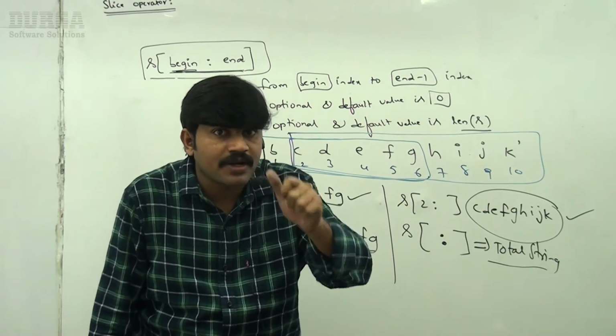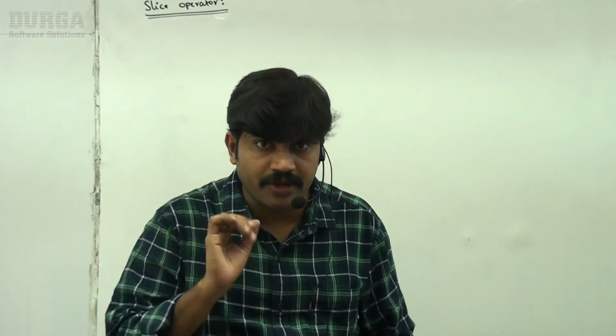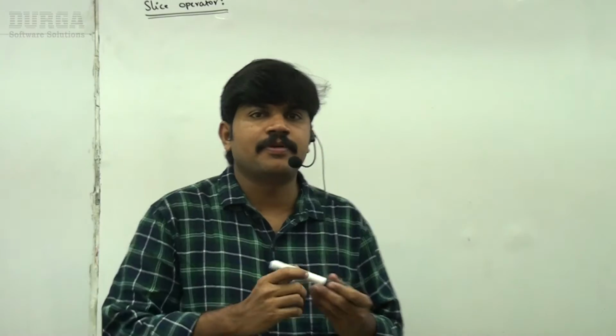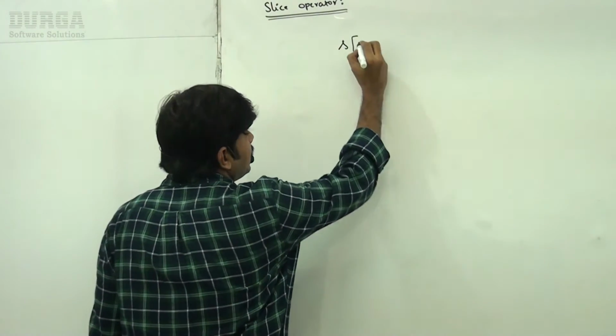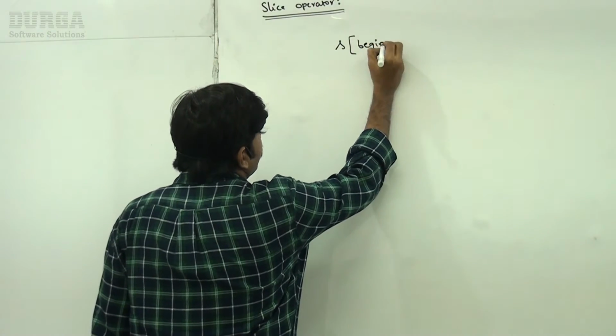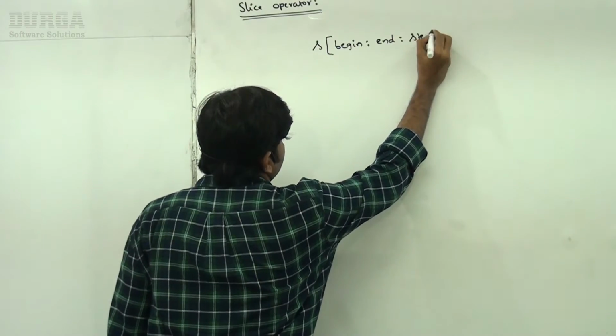What is the step attribute? Third argument I have to introduce. Up to this it is very clear about slice operator, begin attribute, end attribute, right? What is a step? Now the full syntax of slice operator is this one: begin colon end colon step.